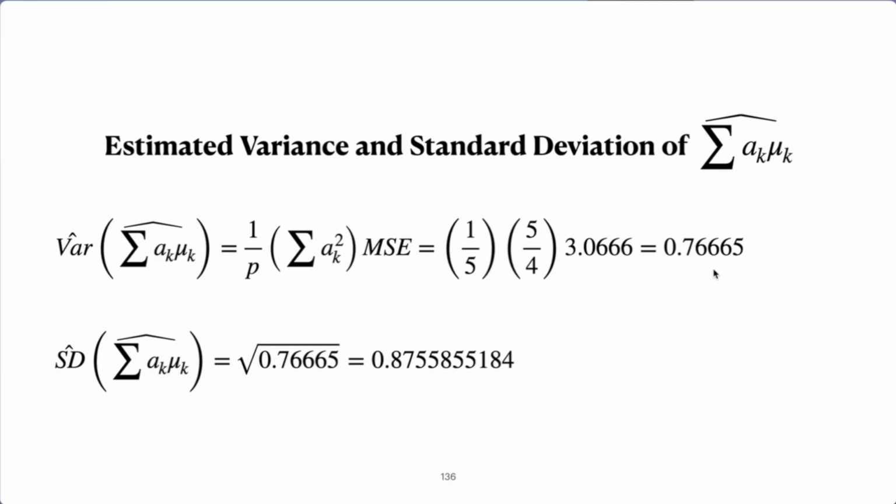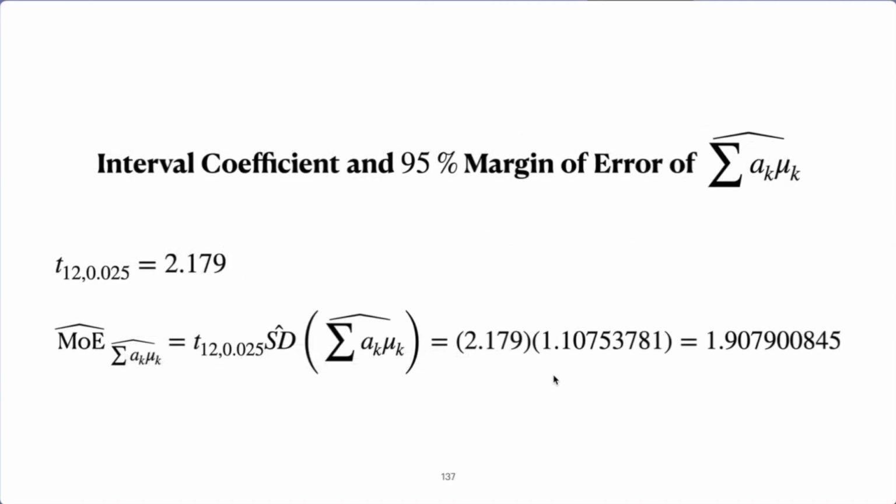The square root of that gives the estimated standard deviation for the estimate of the contrast, 0.8755855184.